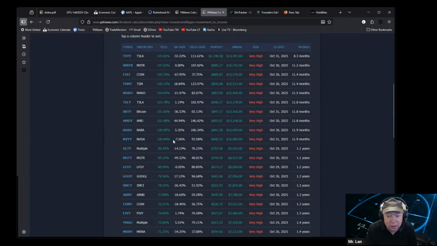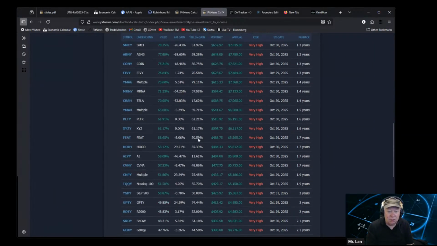There it is. NVYY is making 100%. Now they did lose 7%. They had claims against them of 7%, so they had to give back 7% of their 100% premiums, but they still made 93%. That's crazy money.